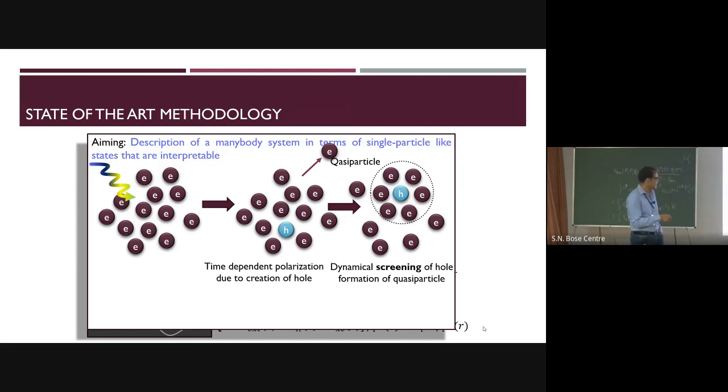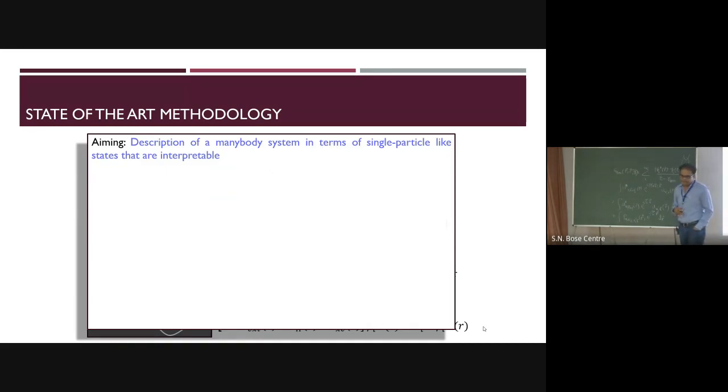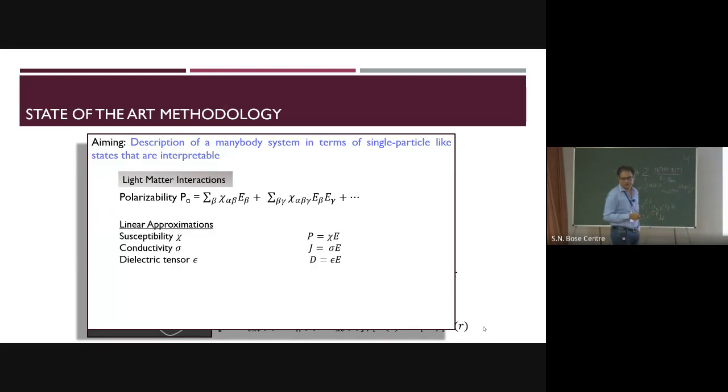That's basically the dynamical screening of the hole for the formation of the quasiparticle, and this is the W of the GW. This is what we have seen. Then it is typically a light-matter interaction, so you can write down your polarizability like this. These are all different terms. You truncate everything at first order, and you can, in principle, calculate all these properties.